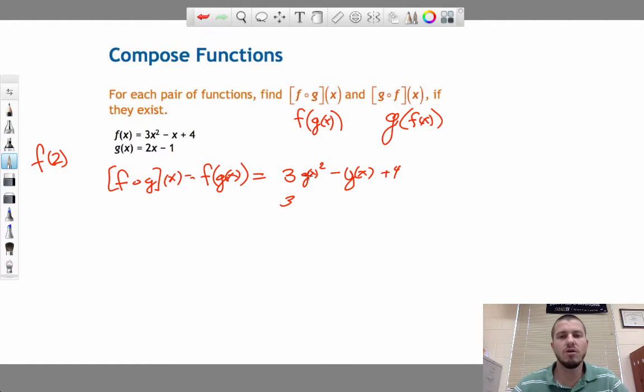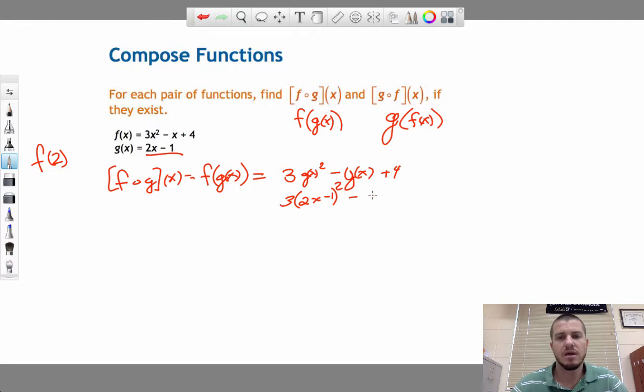So what I'm going to do is actually put the g of x function in there. So it's 3 times 2x minus 1 squared. All I did is replace this x with g of x, 2x minus 1.